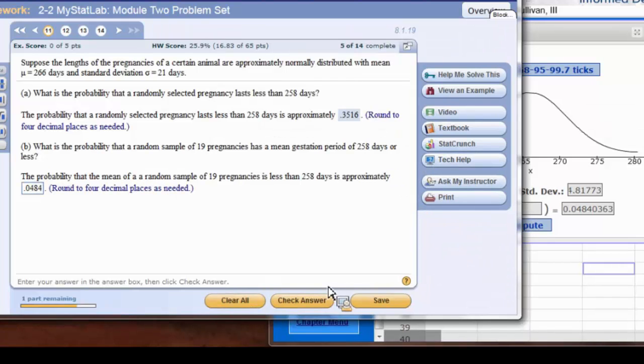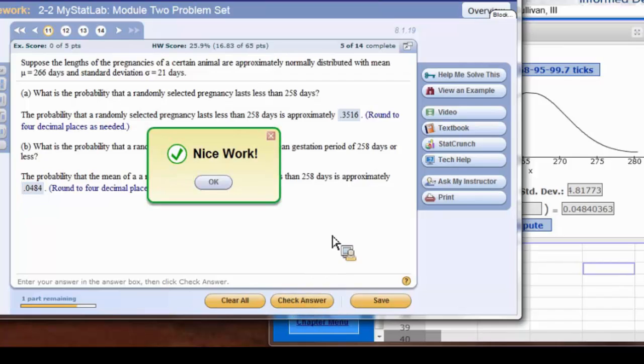Okay, that's a very good question, Becky. Why is the mean still 266? So let's say animal number 1 is pregnant, has an expected length of pregnancy of 266 days.